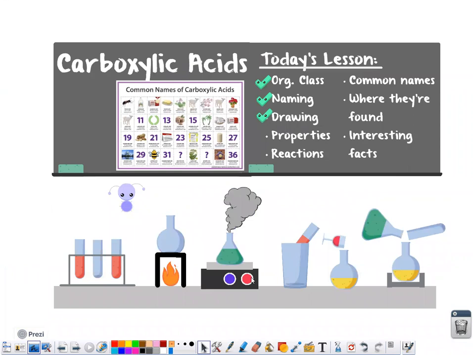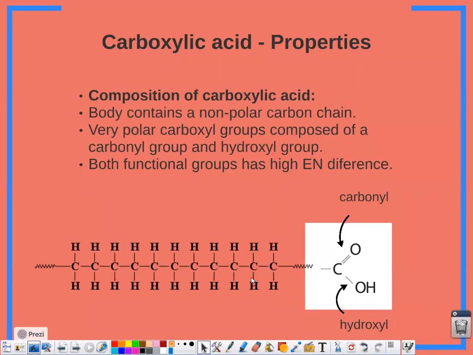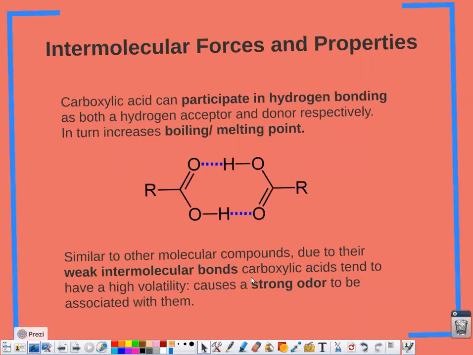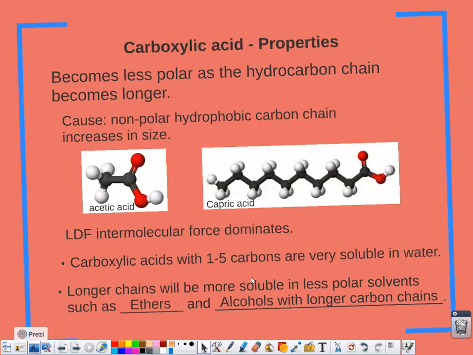Here we learned the introduction to the organic acid, the carboxylic acid, the naming, common names, IUPAC names, and how to draw the structure of carboxylic acids, and the properties of the carboxylic acid, the physical and chemical properties, just like those of acids.